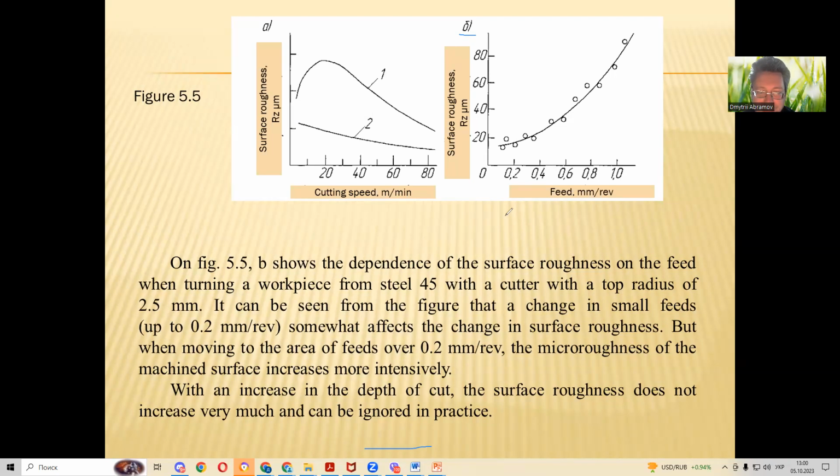It can be seen from the figure that a change in small feeds up to 0.2 millimeters per revolution somewhat affects the change in surface roughness. But when moving to the area of feeds over 0.2 millimeters per revolution, the micro roughness of the machined surface increases.